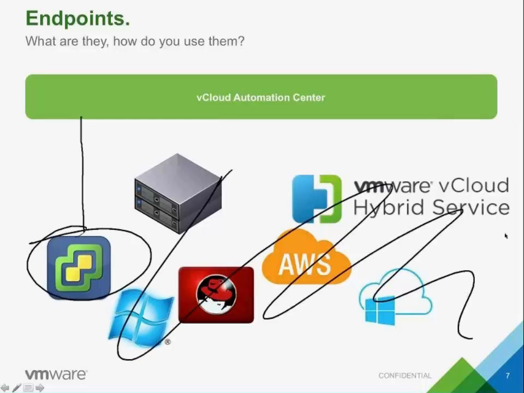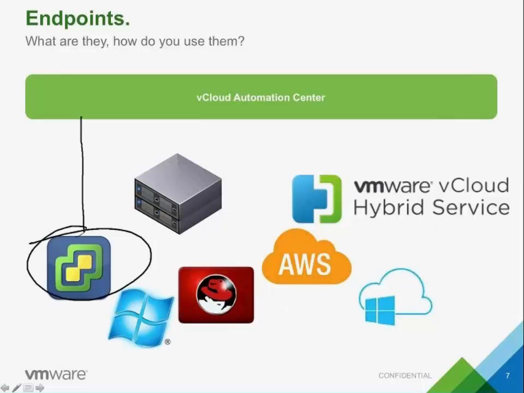Even if the rest of this doesn't exist, they're not ready to talk about EC2 or hybrid cloud or vCloud hybrid service, or they're not multi-hypervisor. They don't have any more physical hosts left. None of that stuff is true, as long as they have vSphere.